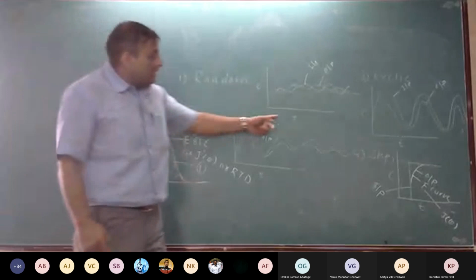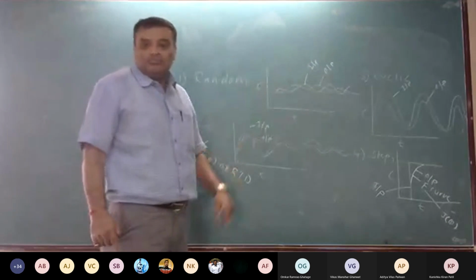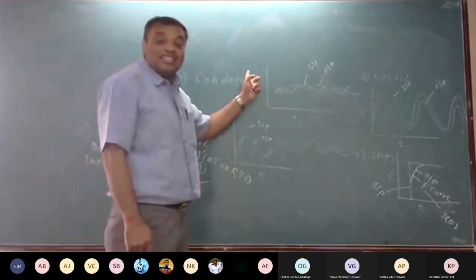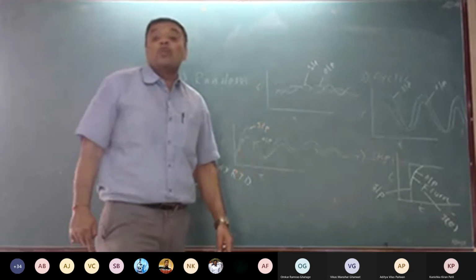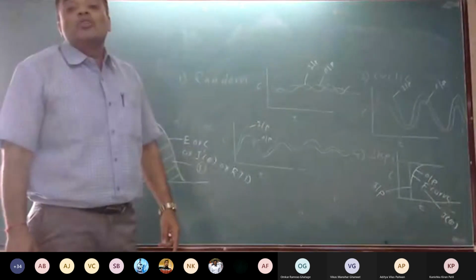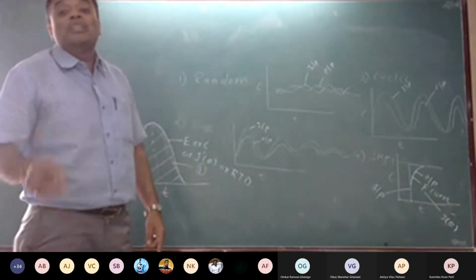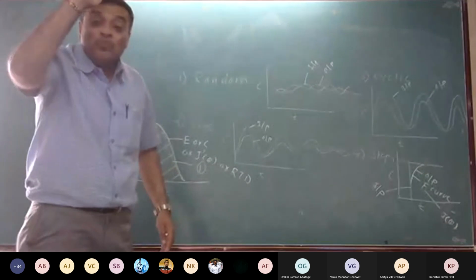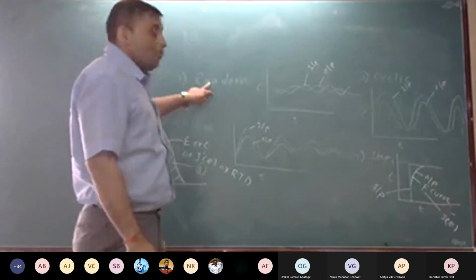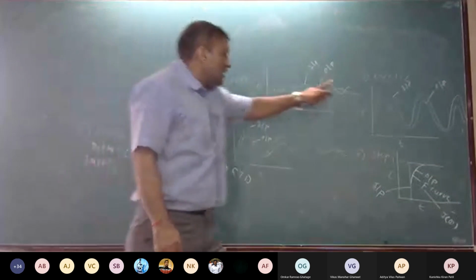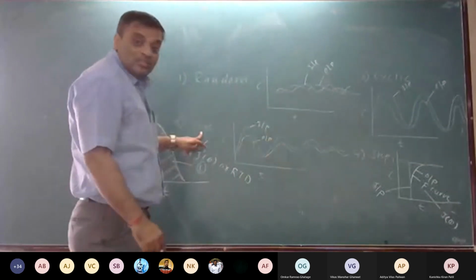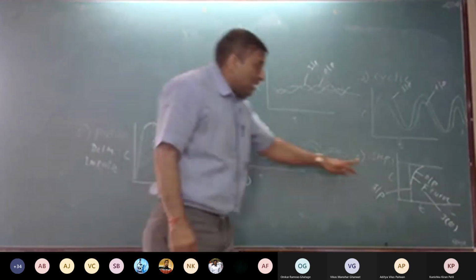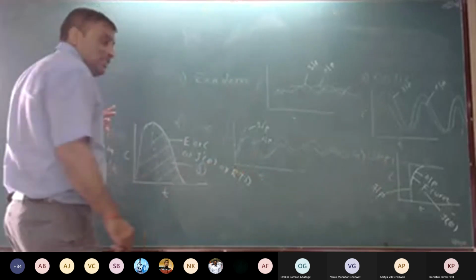On the x-axis we have time, and on the y-axis we have concentration, which we find in the stimulus response method. So we have discussed so far 5 input methods: random, cyclic, sinusoidal, step, and pulse.